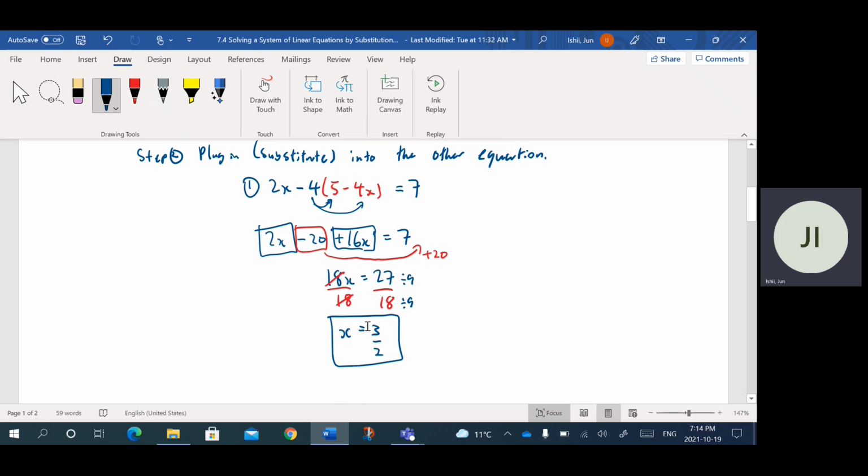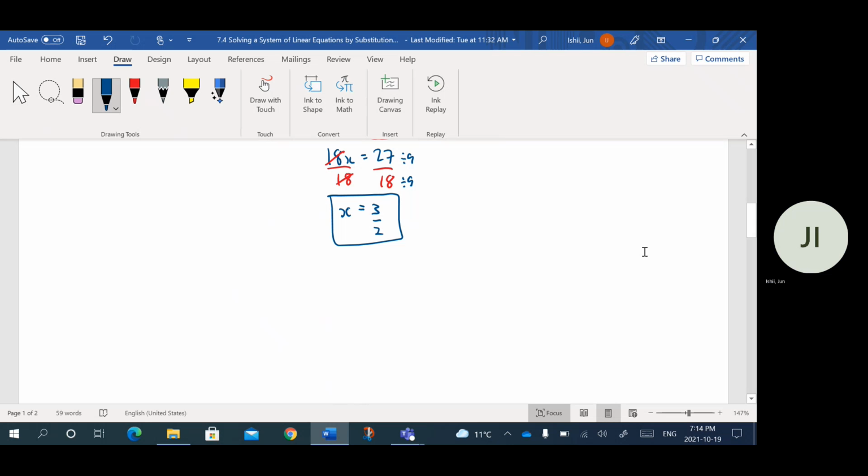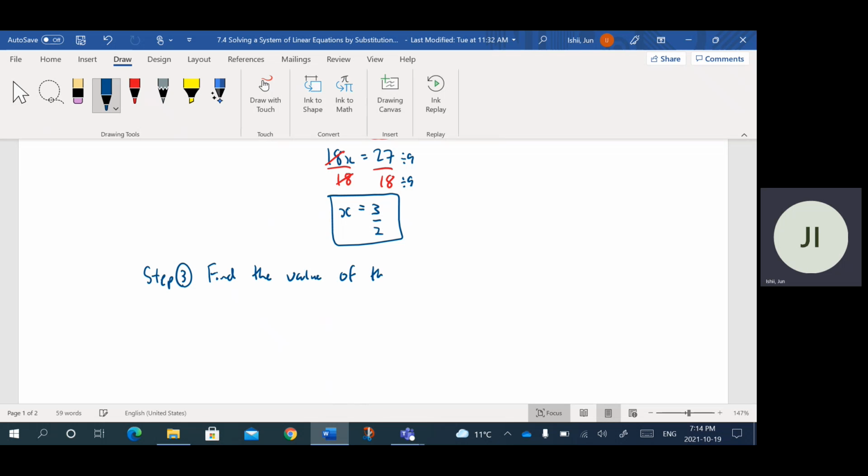Now, when we're solving a system, we also need to find out what the value of the other variable is, right? So the y. Right, so step 3 is we need to find the value of the other variable.